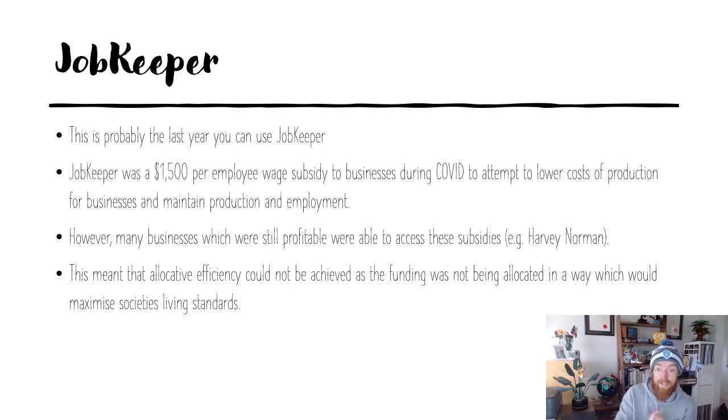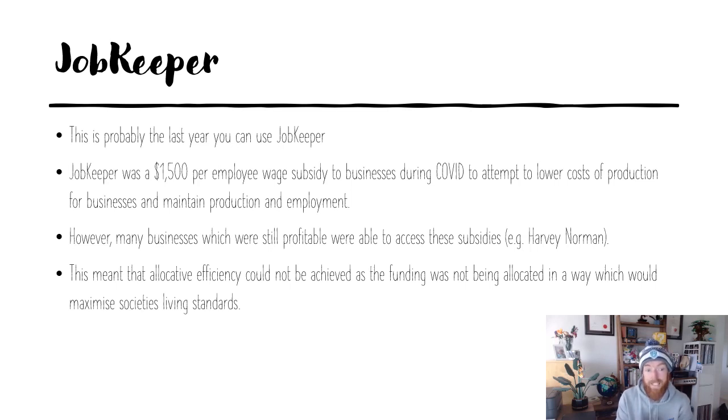JobKeeper was a $1,500 per employee wage subsidy, which was provided to businesses during COVID as an attempt to lower the cost of production for businesses and maintain production and employment. The issue with these subsidies, and why they made the allocation of resources worse, is that many businesses that were still profitable were able to access them. For example, Harvey Norman received about $21 million of these subsidies, even though they were making record profits at the time.